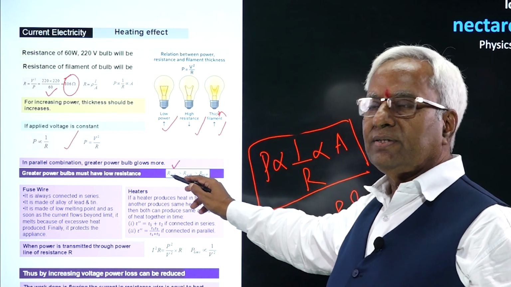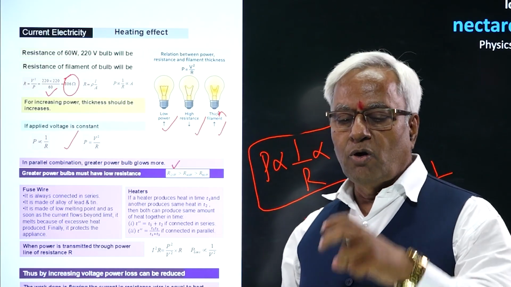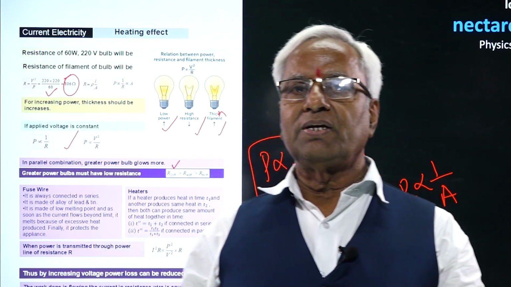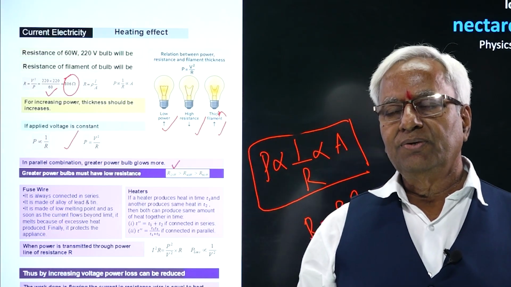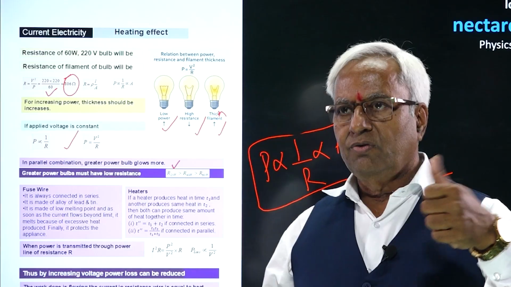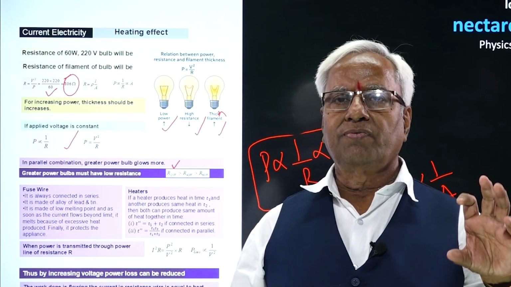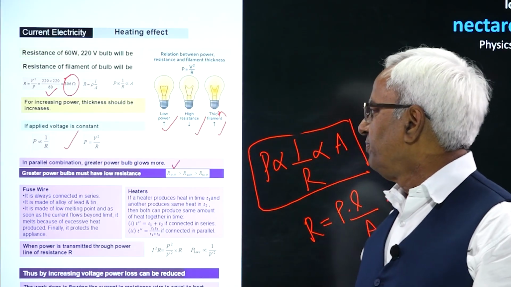The 25 watt bulb has greater resistance. You see, a small resistance bulb means greater power. In parallel combination, greater power bulb will always glow more. That's the reason when you have two bulbs in your room, one 100 watt, other 60 watt, when you switch on, the 100 watt will provide you more amount of energy.